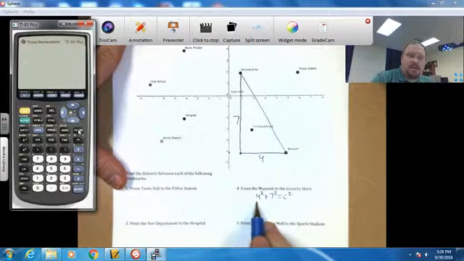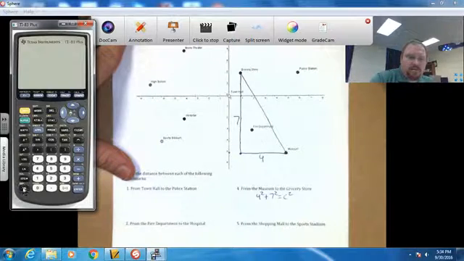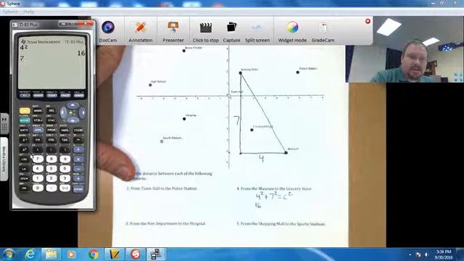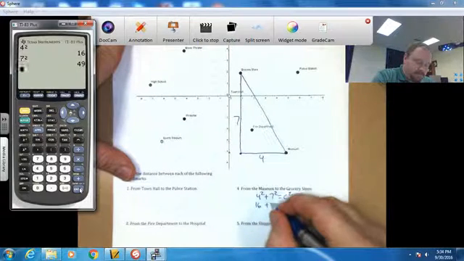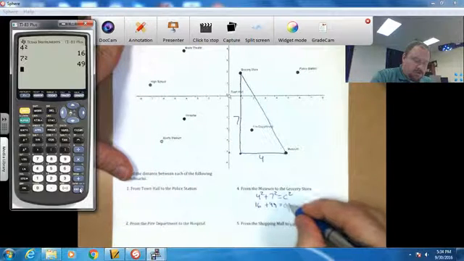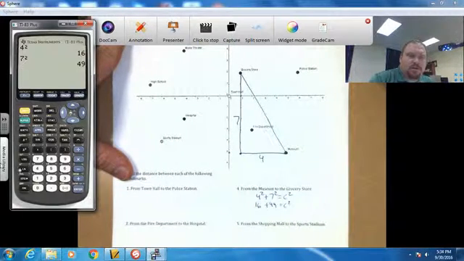So I go to the calculator. 4 squared is 16. 7 squared is 49. So 16 plus 49 is 65.